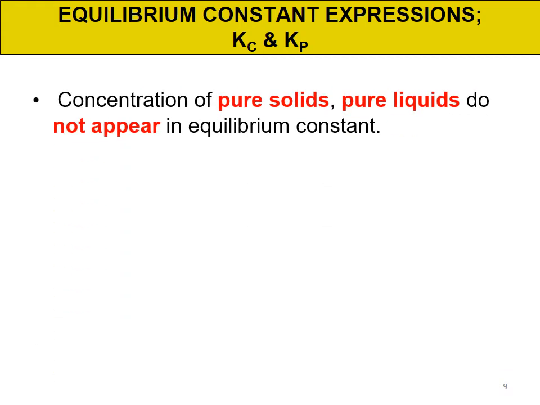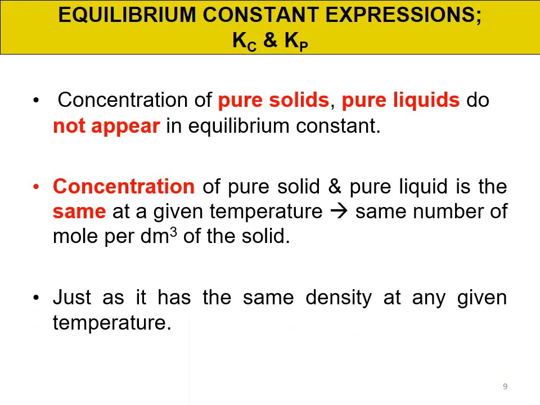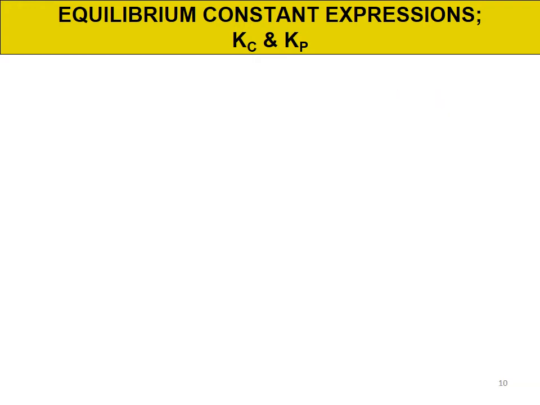Concentrations of pure solids and pure liquids do not appear in the equilibrium constant expression. The concentration of a pure solid or pure liquid is the same at a given temperature, meaning it has the same number of moles per dm cubed, just as it has the same density at any given temperature.